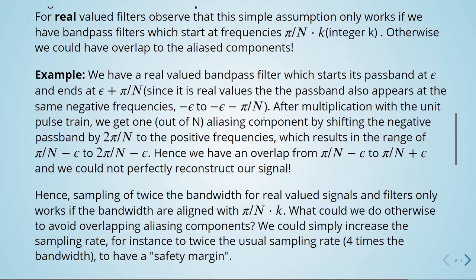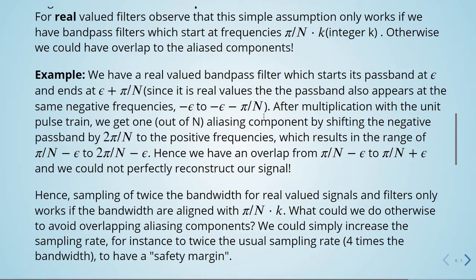So sampling at twice the bandwidth for real valued signals and filters only works if the band borders are aligned with pi divided by capital N times k. And what could we do otherwise to avoid overlapping aliasing components?